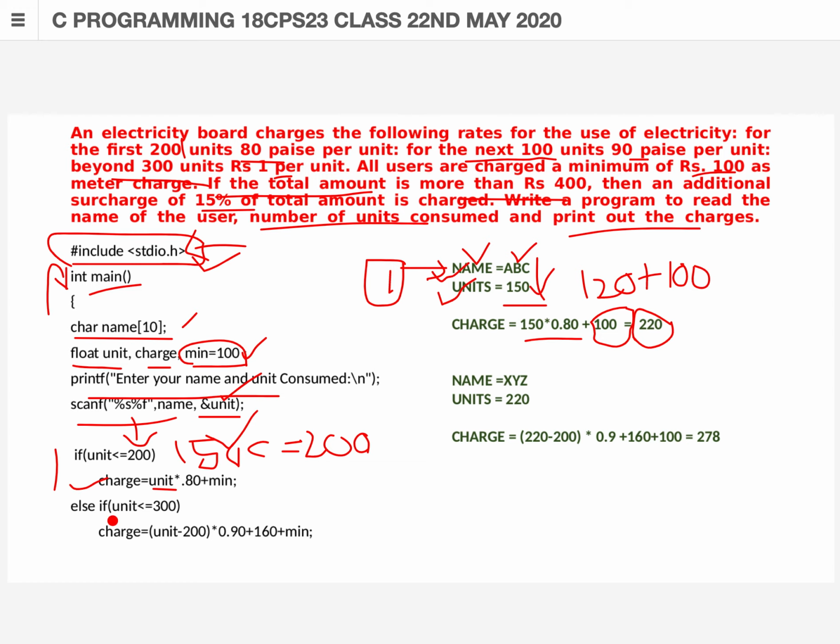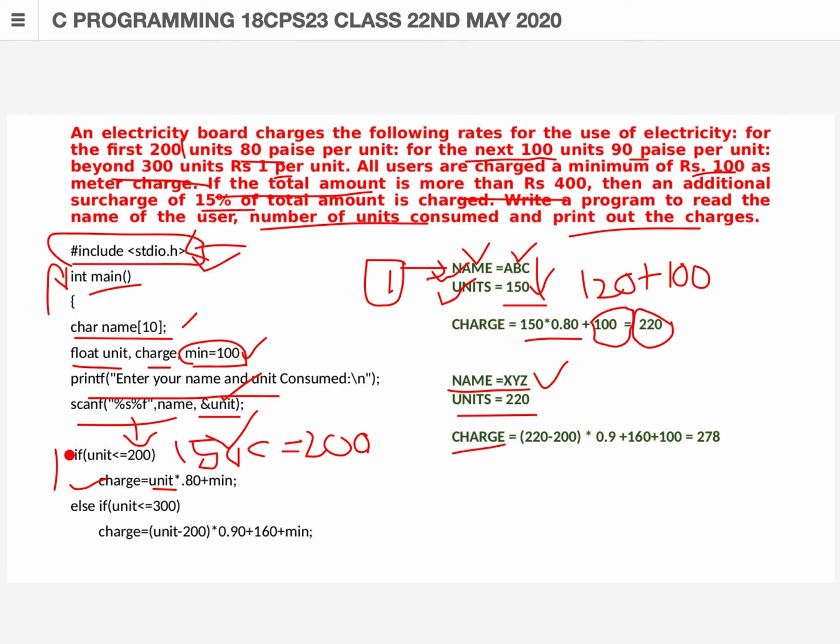Now consider one more example, where the unit is more than 200. The name XYZ is taken as input, and the units consumed are 220. Now we need to calculate the charge for 220 units. Check the condition: is 220 less than or equal to 200?